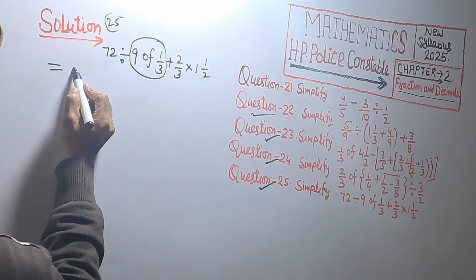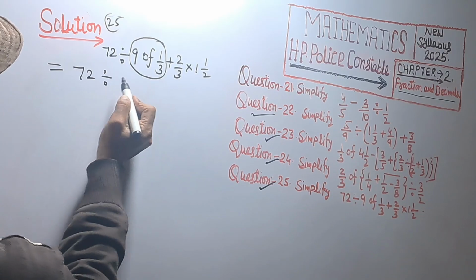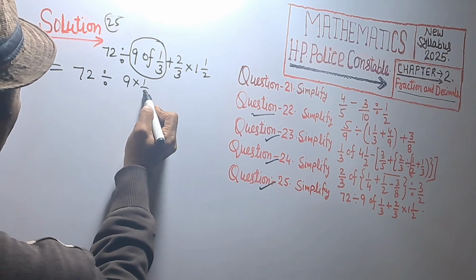In this question, 72 divided by 9 into 1 upon 3.